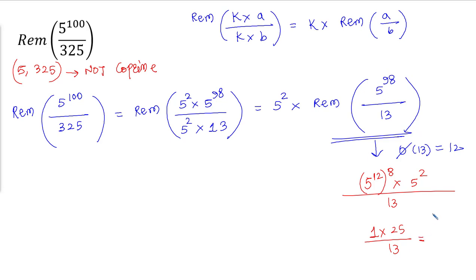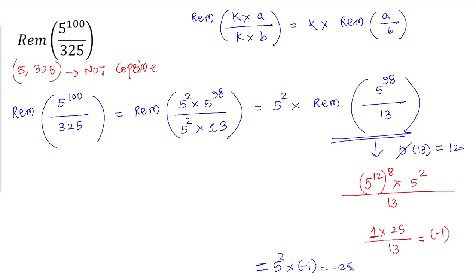So the final remainder is going to be, we can write the remainder as -1, and also we can write the remainder as 12. I will write -1. Now the final remainder is going to be 5 square into -1, that is equal to -25.